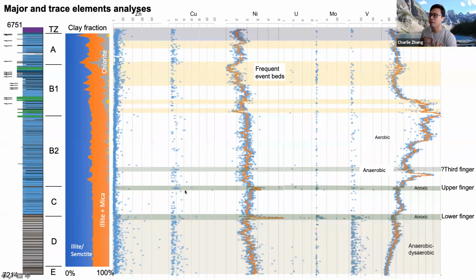And there were three anaerobic intervals in the Z to B2 zone. The lower two are called the upper and lower fingers. These two have a significant geochem signal, so they are obvious anoxic events. But the third finger is probably just dysoxic, probably just anaerobic, but the chemical signal reaction has not happened yet.